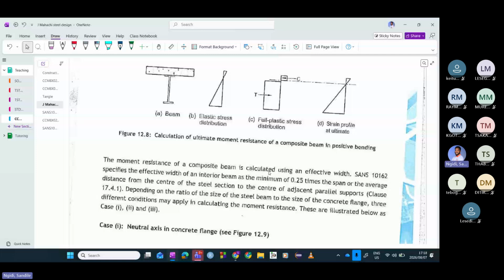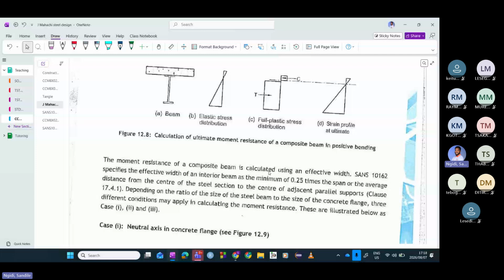Very important clause, because we need to be able to understand this effectively. So here it speaks of an interior beam. Clause 17.4.1 deals with the interior beam.